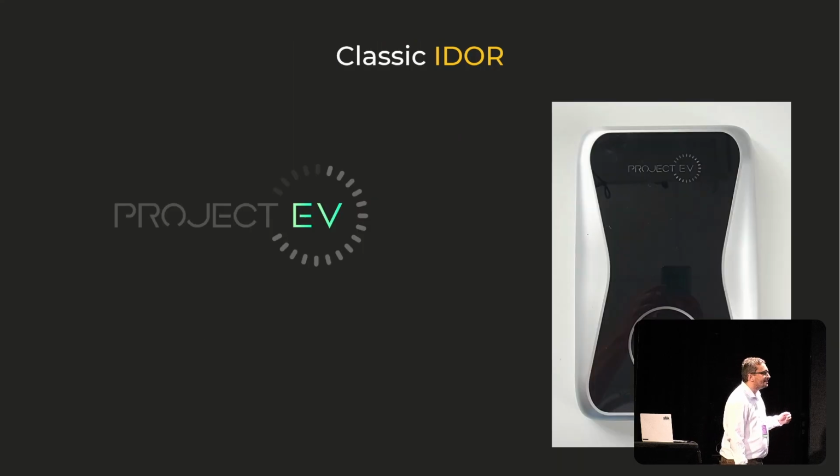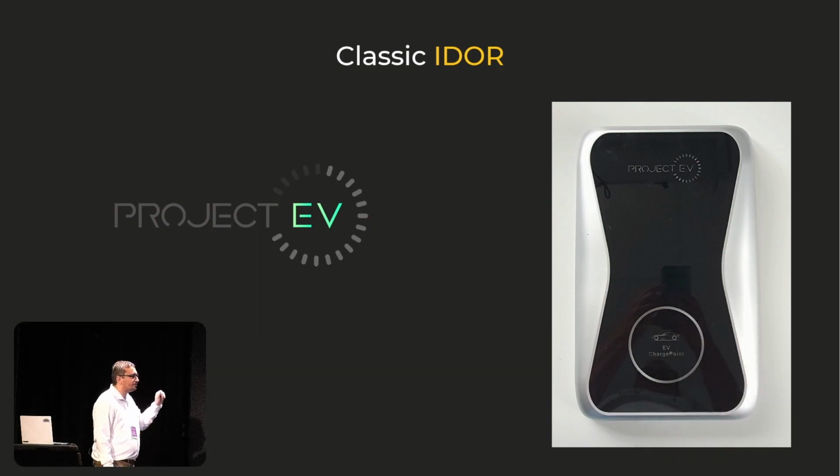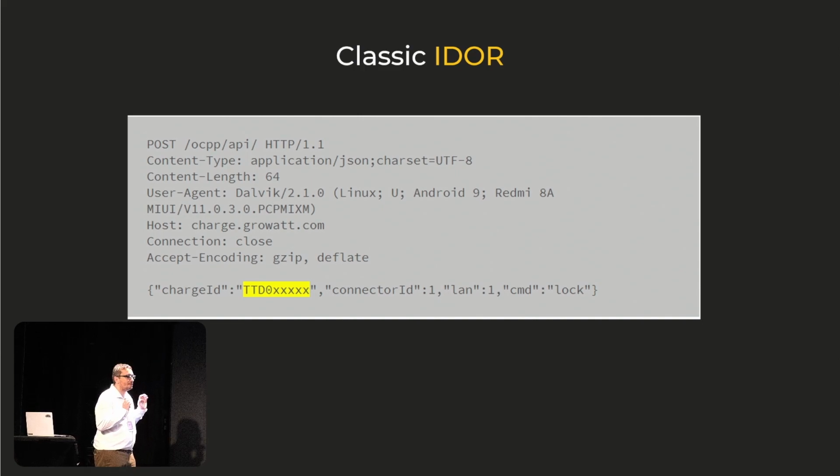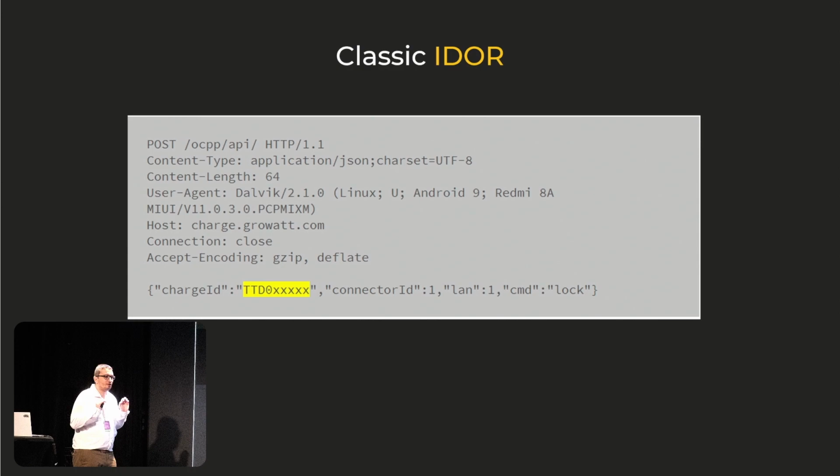The second one is even funnier. It's a Chinese car charger, Project EV. It's probably one of the worst APIs I have ever seen, and I have seen a lot of APIs. That's the whole request. Every request is that. You can see that it has a charge ID, and it's missing the most important stuff. It doesn't even have authentication. So it was checking for a login.